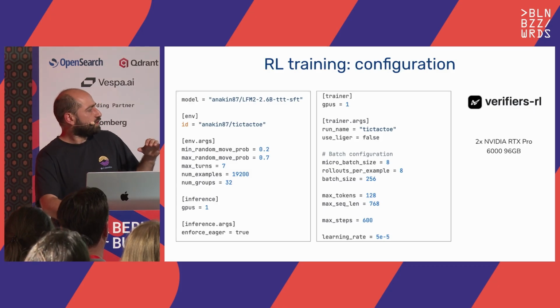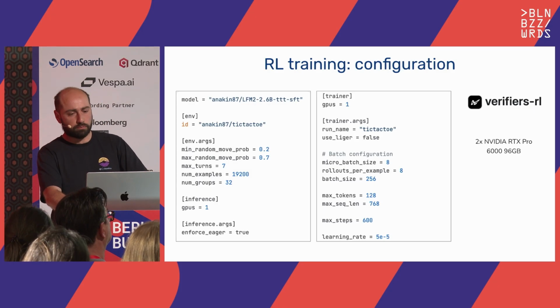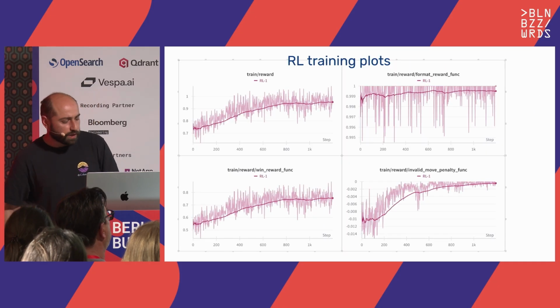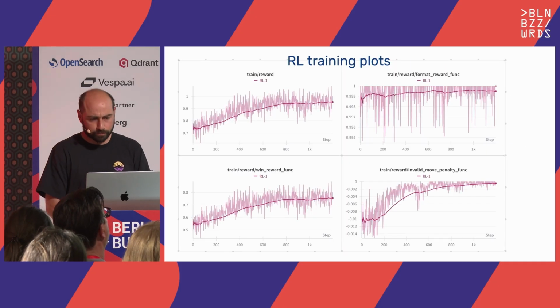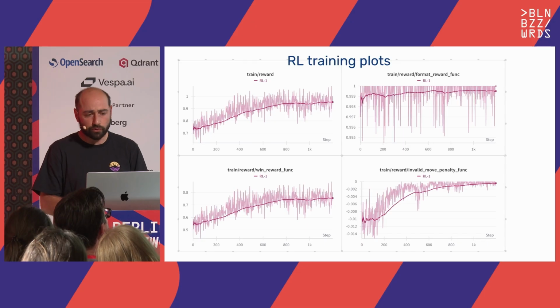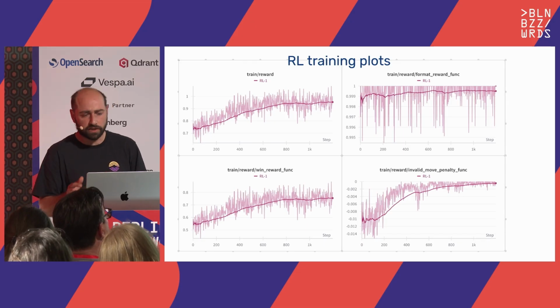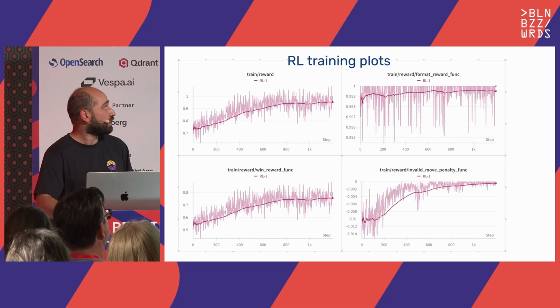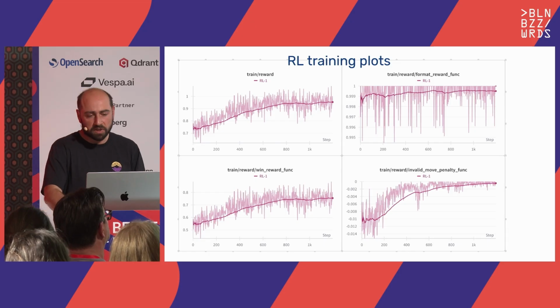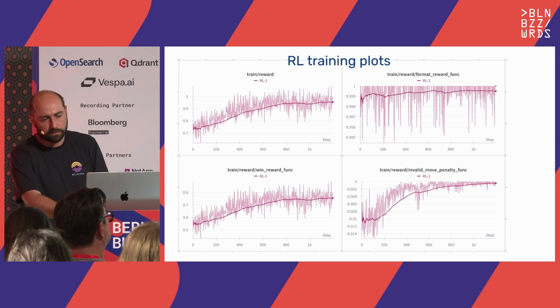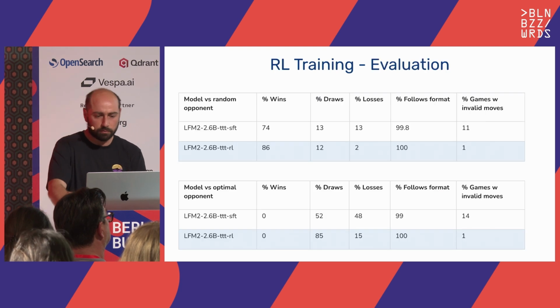But with this configuration, we can spin up training, and we can take a look at our loss curves, and we see that the general total reward improved over time. But let's take a look at real evaluation numbers.